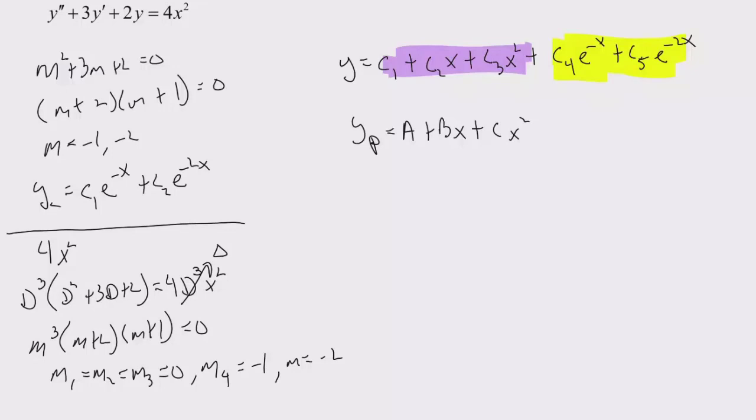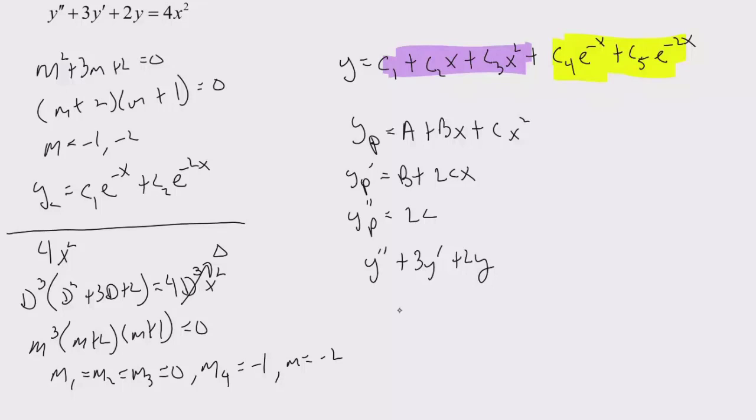And then this process should look fairly familiar. We're going to find the first derivative, which is B plus 2Cx, and the second derivative, which is 2C. And then we're going to go back into our original differential, y double prime plus 3y prime plus 2y, and replace the elements of the particular solution.